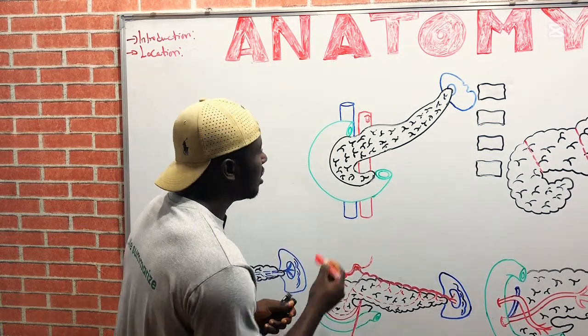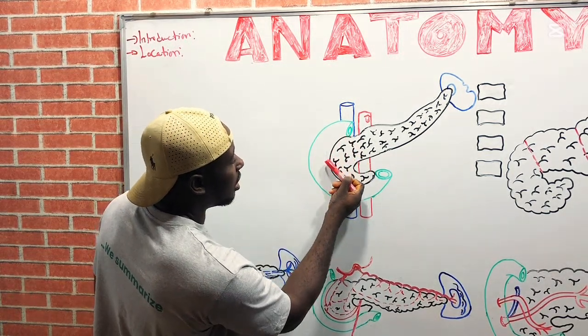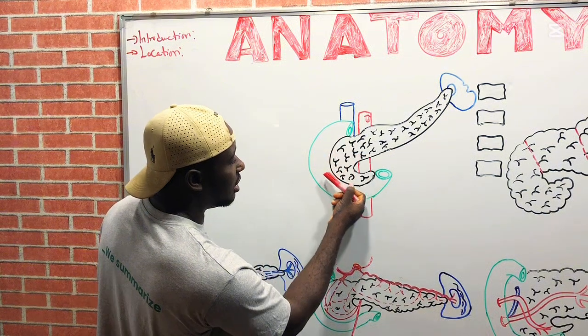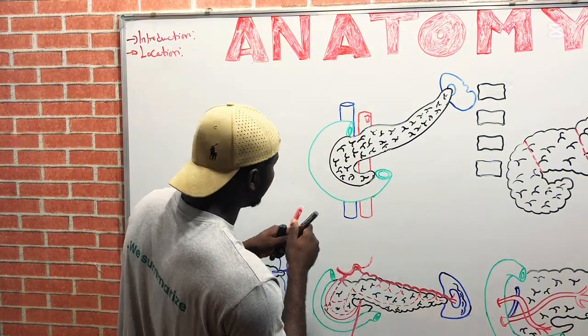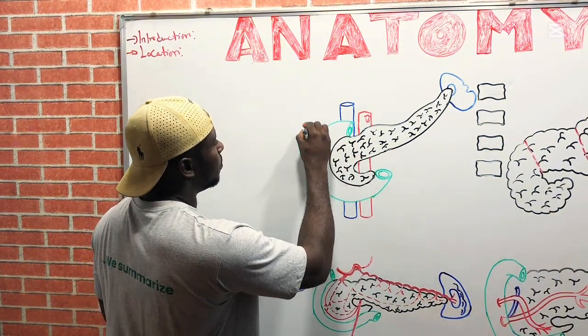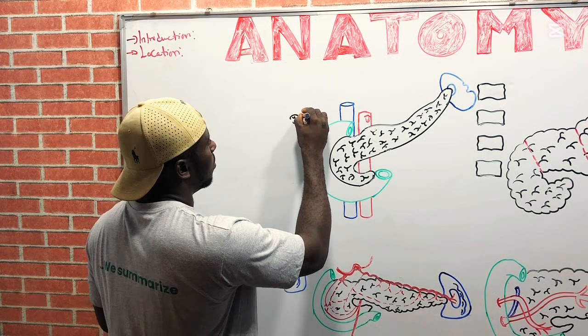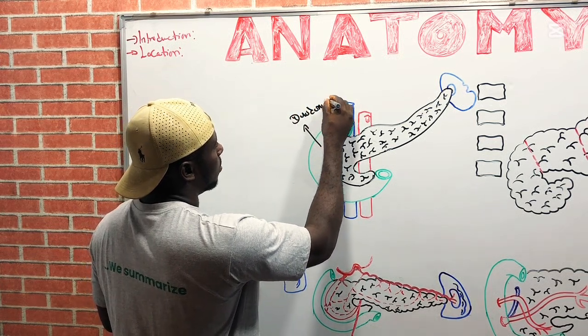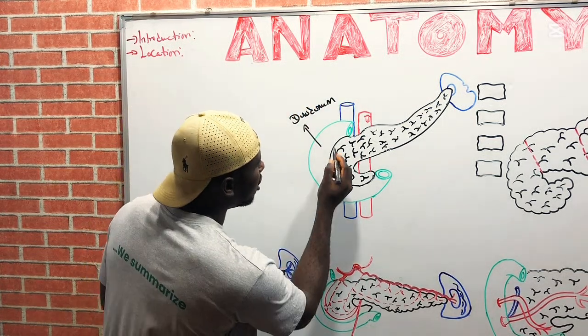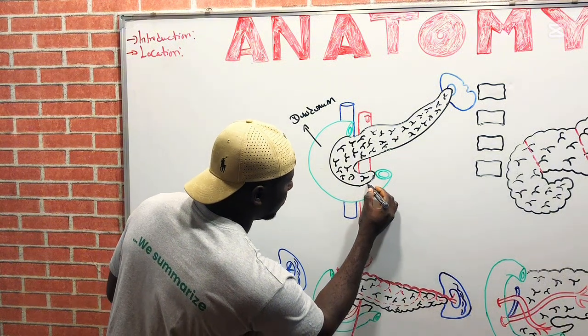Now you can see this is the concavity of the duodenum, right? This is the duodenum.